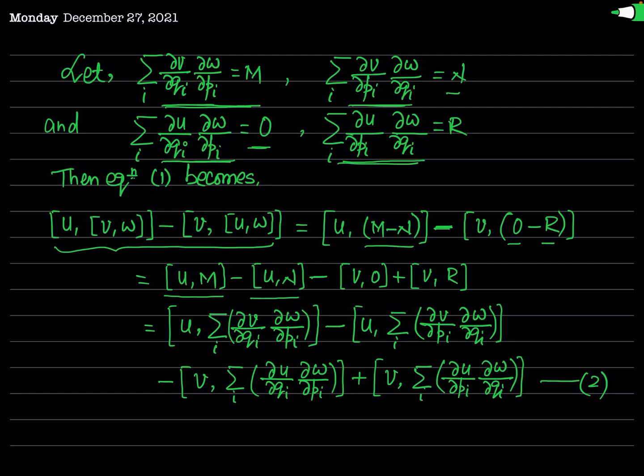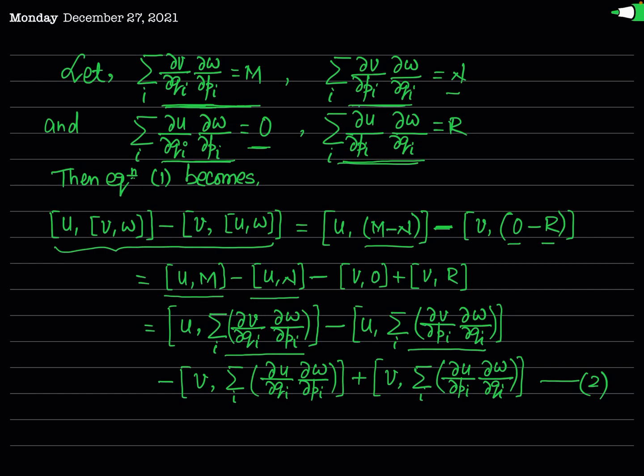Now again, use the expression which you have assumed for M. M has been written for the summation over i of del V by del Qi times del W by del Pi, so instead of M, I have again written that expression. And for N, the expression which we assumed earlier has been written.